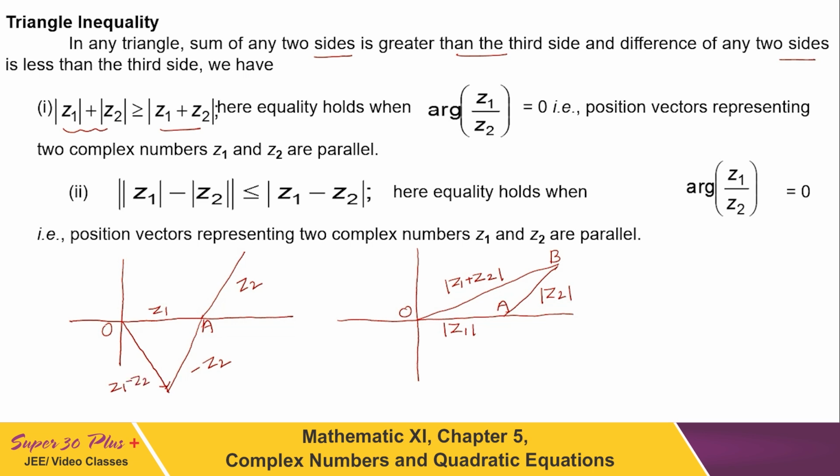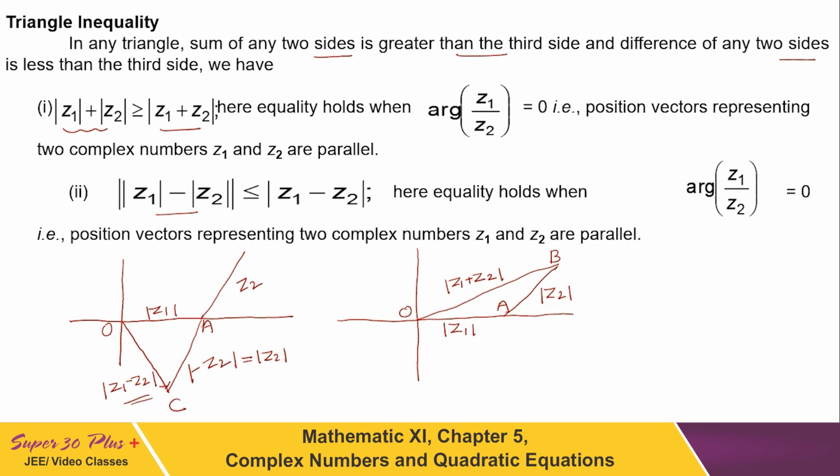Now we are going to take the lengths: this is mod Z1, this is mod of minus Z2, and this is mod of Z1 minus Z2. We can write mod of minus Z2 is equal to mod Z2. So in this triangle OAC, we can write the difference of any two sides should be less than the third side, and this is the triangle inequality.